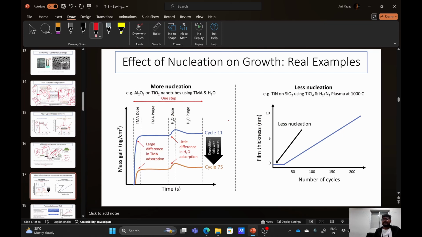Let us see the effect of nucleation on the growth. These are real examples.